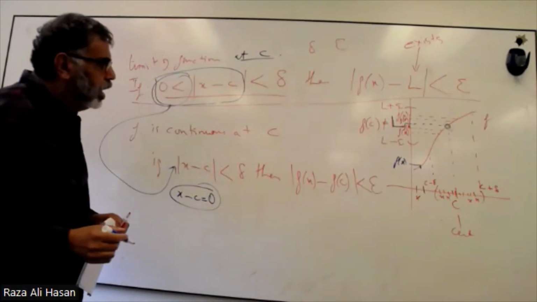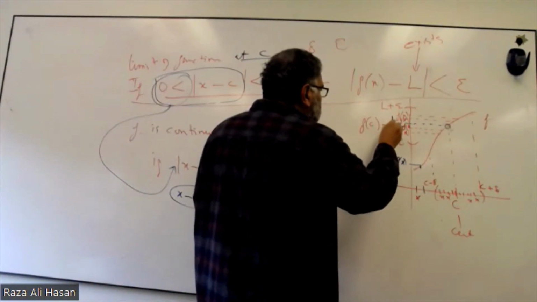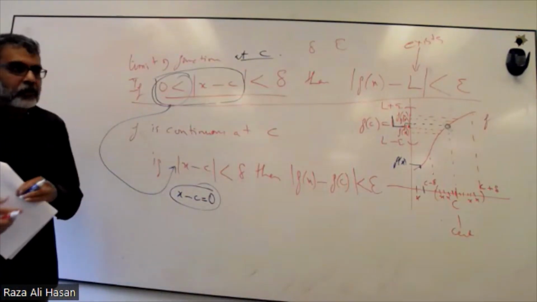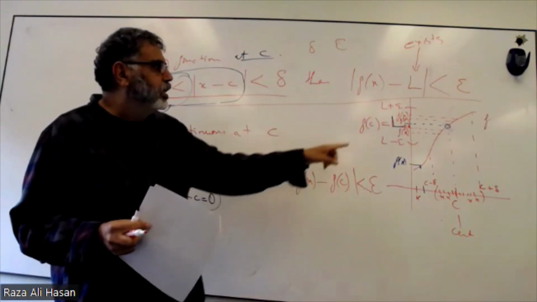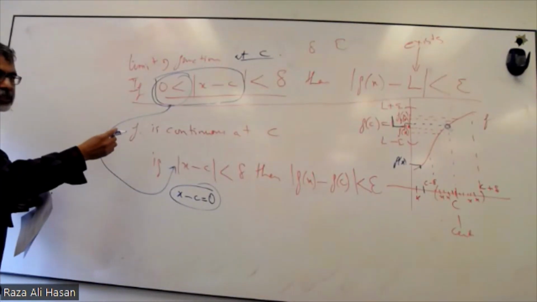Okay, and in other words, we want this situation where the functional value equals the limit value. That's the definition of continuity. Because what's the other definition of continuity at a point?